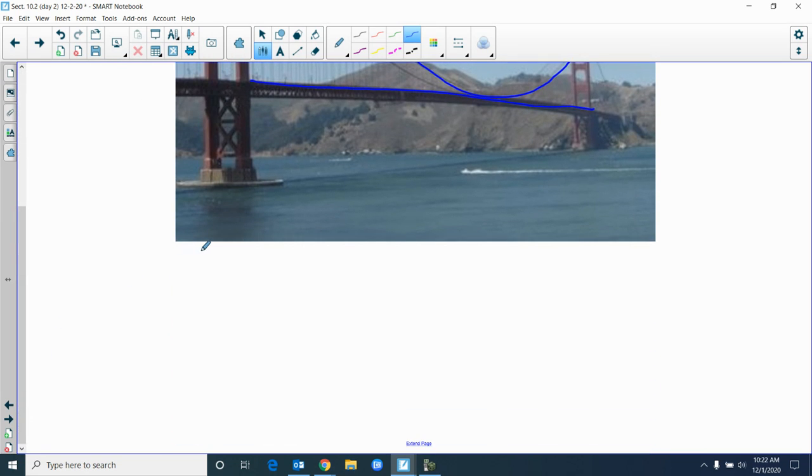So what do we have and what do we know? The ends of a suspension bridge cable are fastened to 2 towers, which are 800 feet apart and 120 feet high. Let's do this. That'll be one tower, that'll be the other tower. There's your roadway, halfway there.